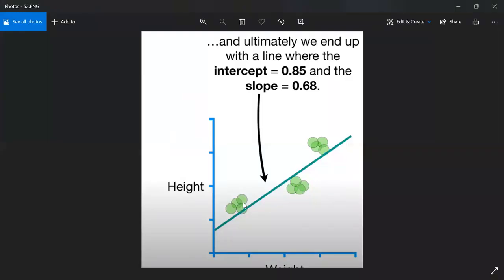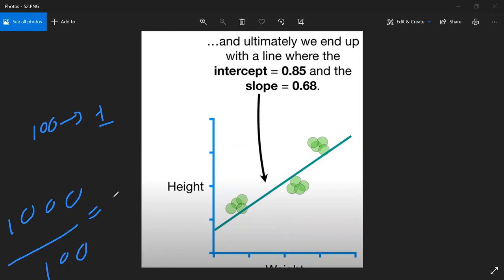In stochastic, we consider random points, isn't it? But in batch, I can say 100 rows as one batch. Understand? If I have 1,000 rows, 1,000 divided by 100, how many batches can I make? 10 batches, isn't it?